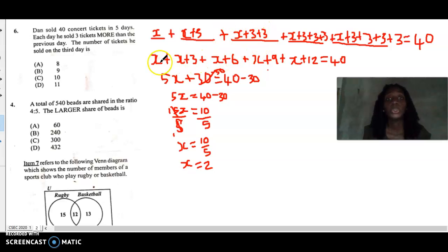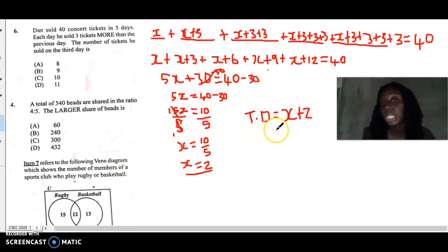All right, so the third day represents x plus 6. So I'm just going to write TD for third day. All right, so third day is equal to x plus 6. And from the solution, we know that x is equal to 2.